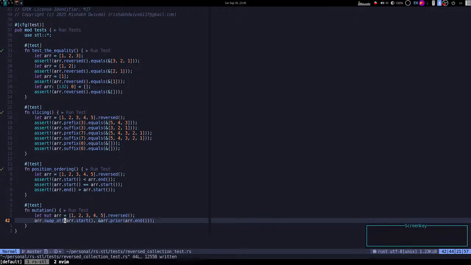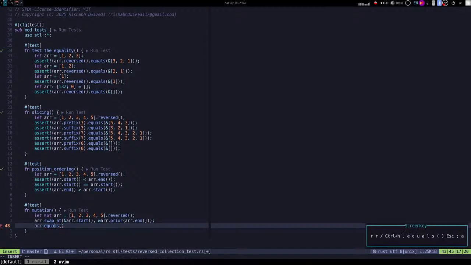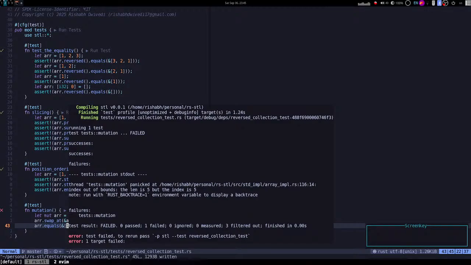And now if I do that, so if it was 54321, arr dot equals, so it was 54321. Now it should be 14325, and this does not work again. Shoot, index out of bounds, len is 5 but the index is 5. Do you see what is happening?